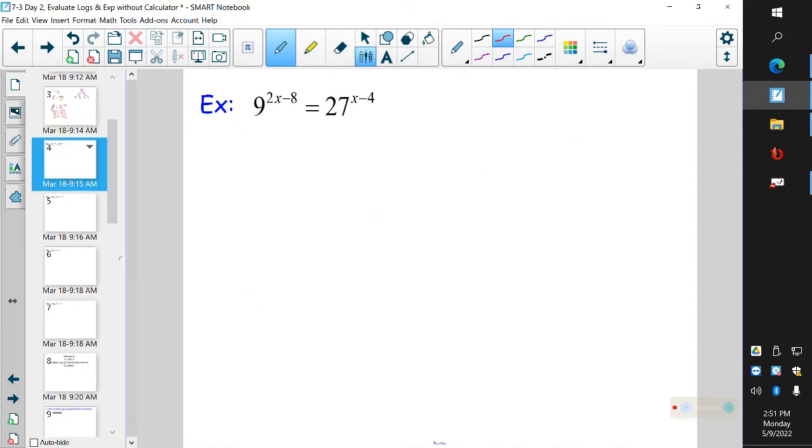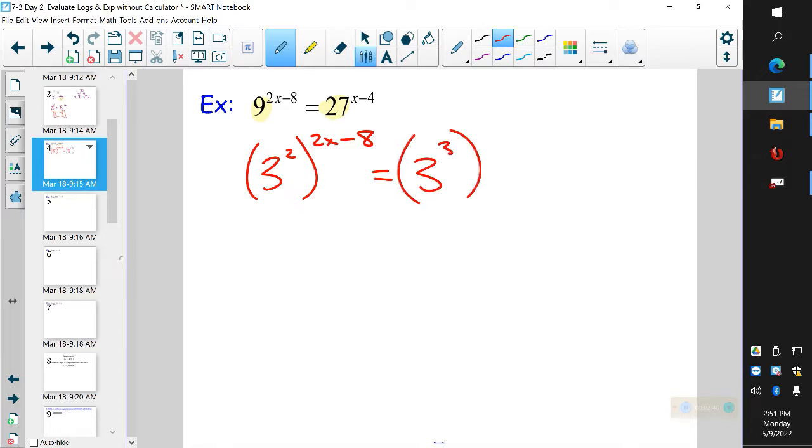Okay? Next, same thing, my bases do not match. 9 is going to be 3 squared. 27 is going to be 3 cubed. Now I'm going to put parentheses around those exponents up top there, and I'm going to multiply them.